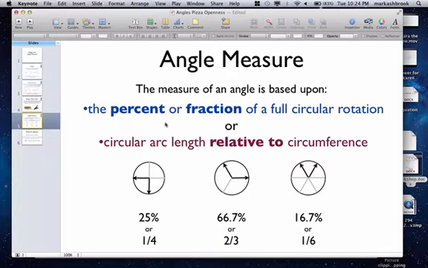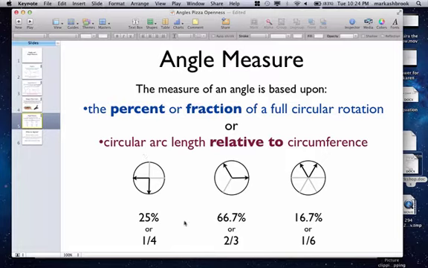So from there we summarized your conclusion from that activity: an angle measures the percent or fraction of a full circular rotation, or it's the length of the circular arc relative to the length of the circumference.